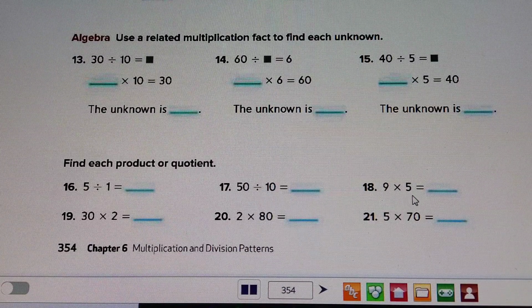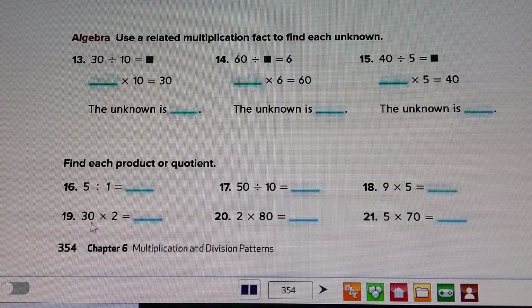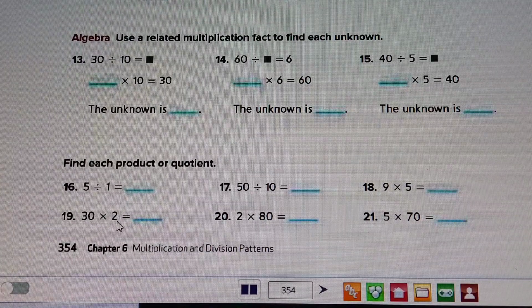Number 18, 9 times 5. Number 19, 30 times 2.